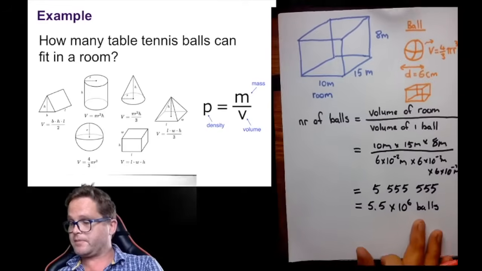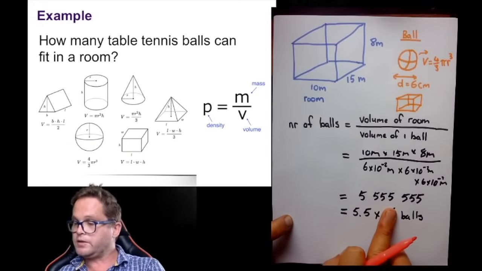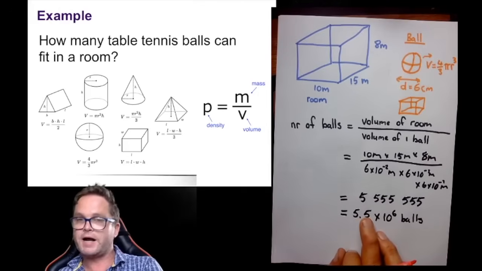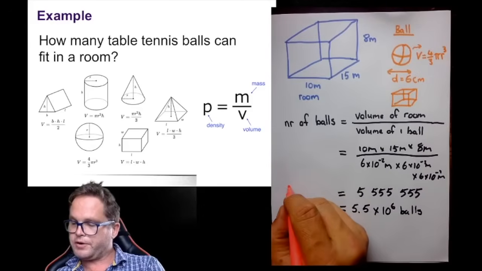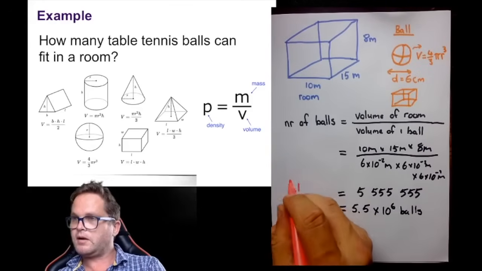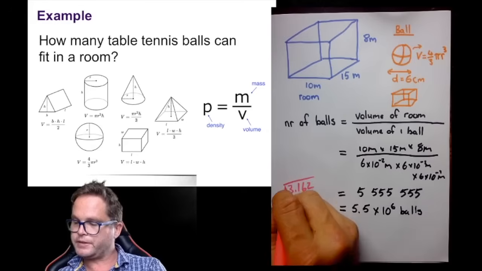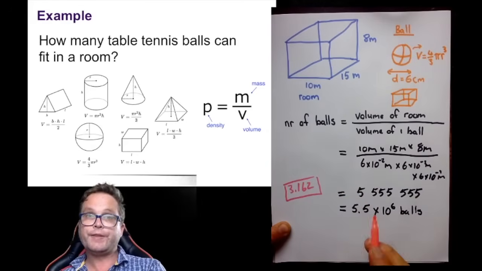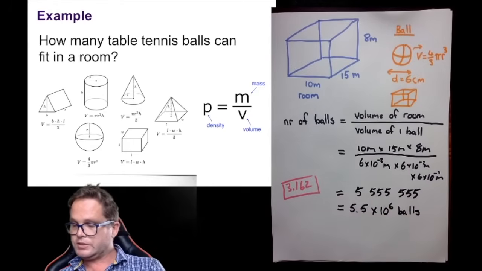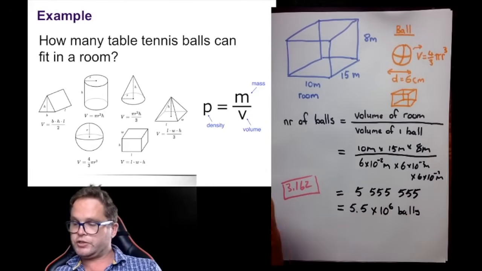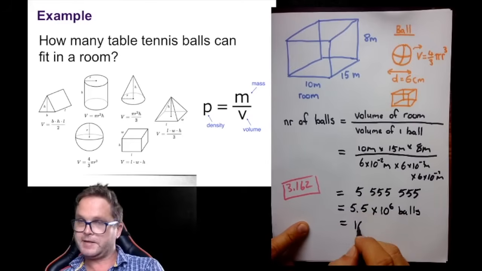The next thing we need to do is take a look at the number preceding the 10 multiplier. So we look at this number here, this 5.5, and we compare this to the number 3.162. And we note that in this case 5.5 is bigger than 3.162, so that means that we're going to round this 5.5 to 10.